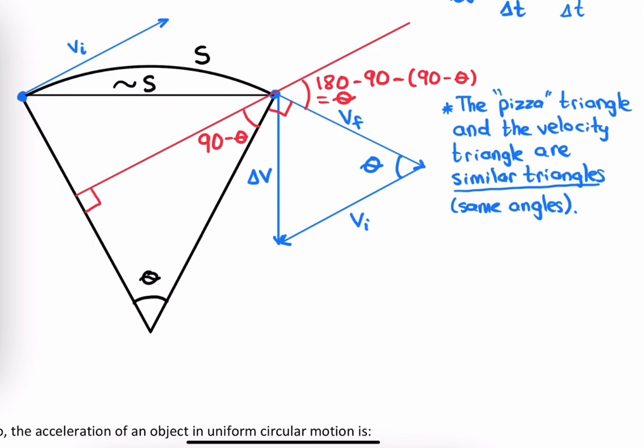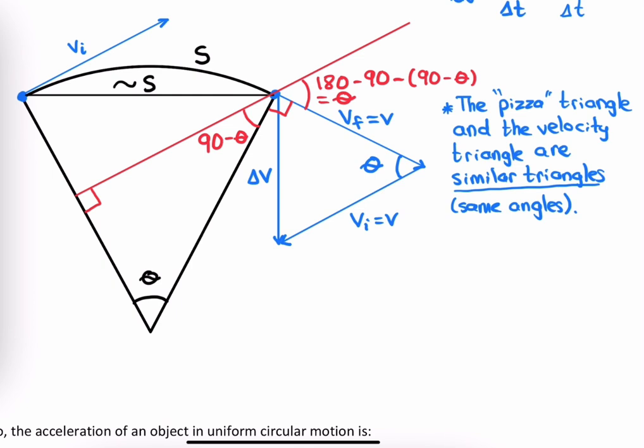So what that means is, for a moment here, it's a little confusing because these two sides are given different lengths, or at least we've got different symbols for them, VF and VI. We know that VF and VI happen to be the exact same number, so I might just rewrite these as V. The speed the object has here is the same as the speed the object has there, because we're talking about uniform circular motion.